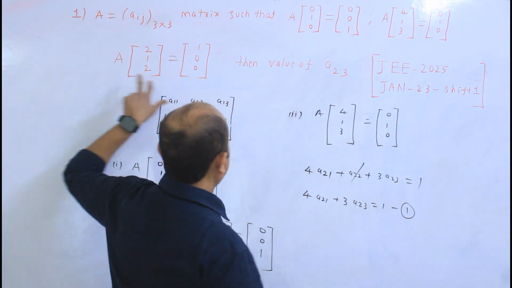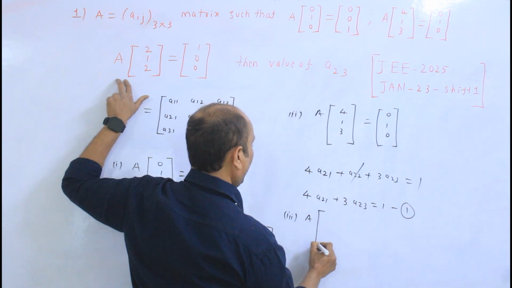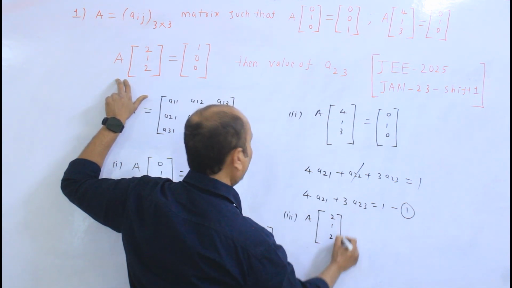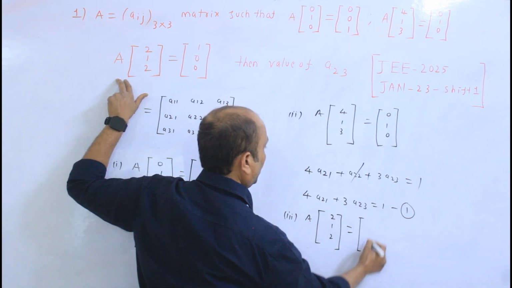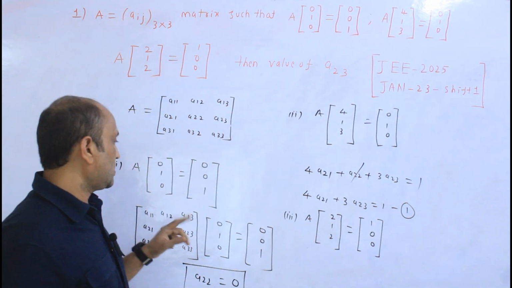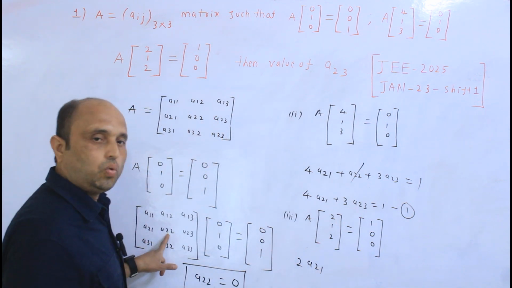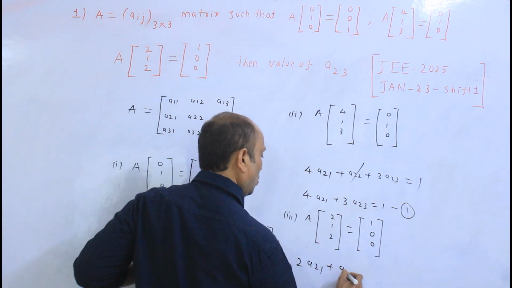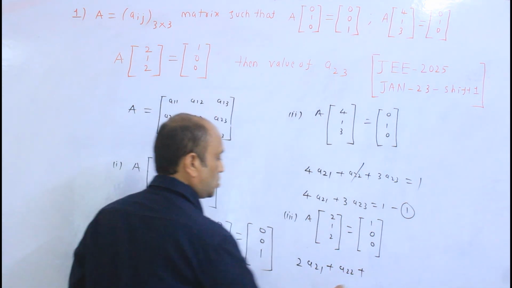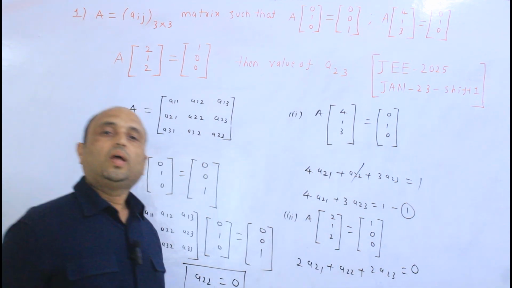And the other equation is the third equation: A of (2,1,2) equal to (1,0,0). Same, second row, first column: 2A21 plus A22 plus 2A23 equal to 0.